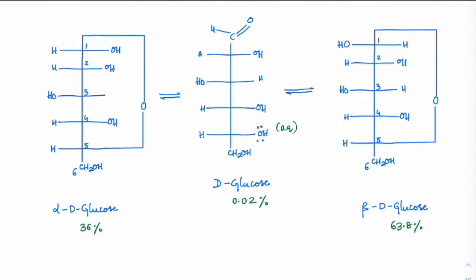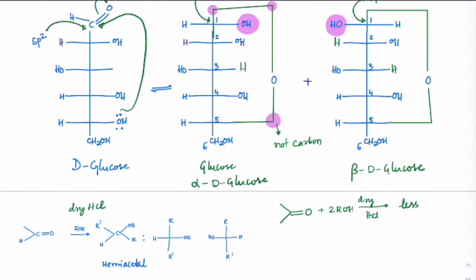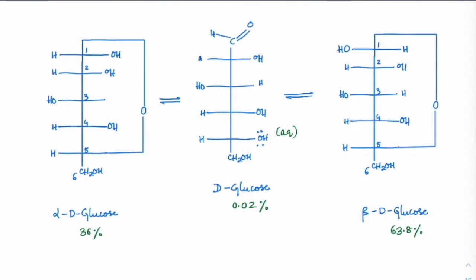Now one doubt that should come to your mind is, sir, we have always learned that hemiacetals are unstable in aqueous solution, correct? They are stable in basic medium, but they are not stable in aqueous solution or acidic solution.